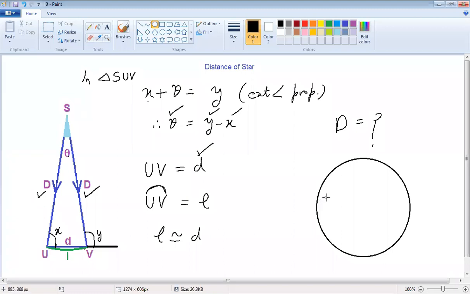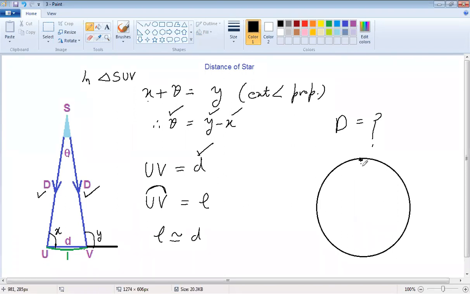Up to 1 kilometer distance, I can't observe that the road is curved. Though the road is actually curved, why does it look straight to me or any one of you? Because 1 kilometer is a very small distance as compared to the circumference of the earth, because earth is a very large sphere. So a very small part of a circle can be taken as a straight line.